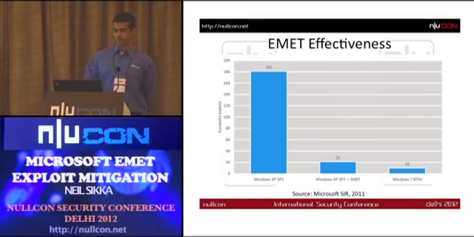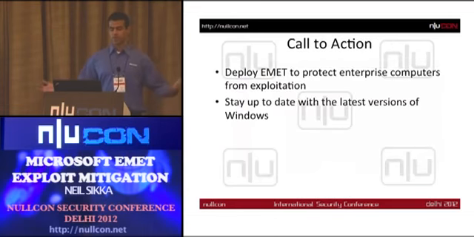But as you can see, upgrading Windows further reduces the number of successful exploits from 21 to 10. So the call to action here is to deploy EMET to protect enterprise computers from exploitation, because sometimes even although it's recommended to upgrade Windows, you can't. This would still protect your applications, and when possible, try to upgrade Windows to stay current with the security mitigations that are built in.